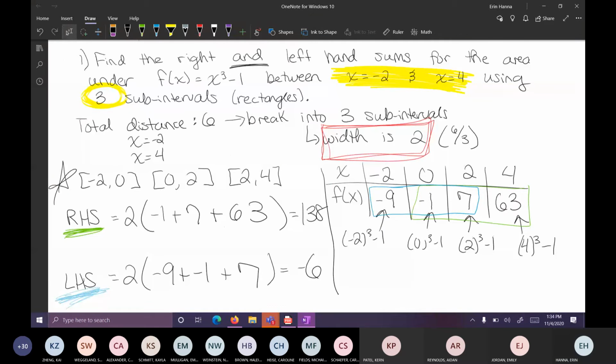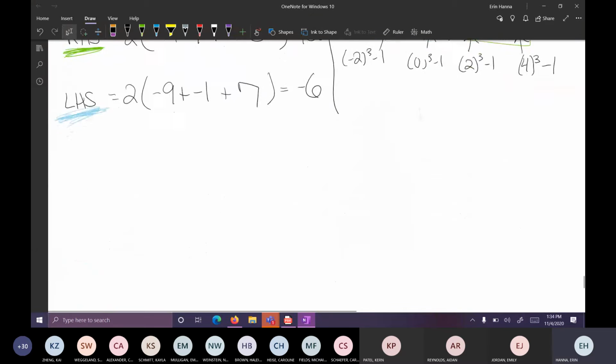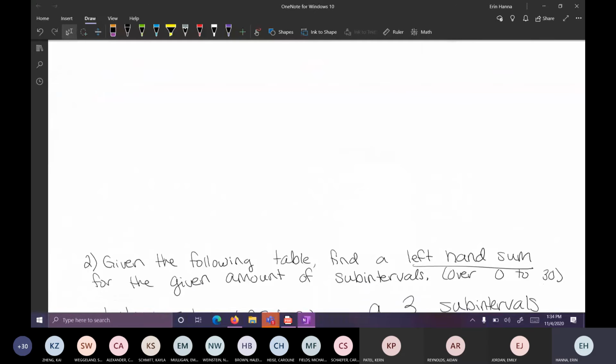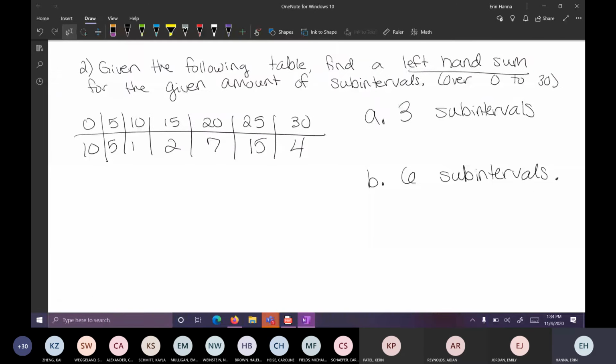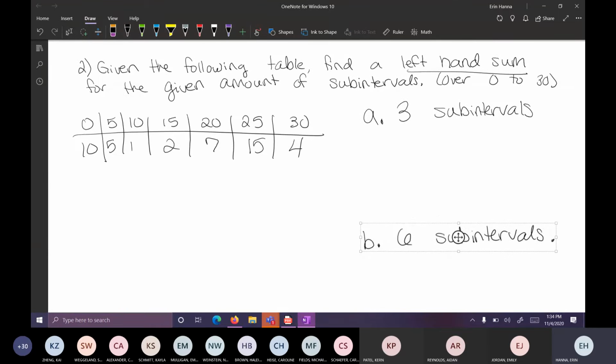Next one. Here we're just finding a left-hand sum, but now we're doing two different situations with the number of subintervals. We're going over 0 to 30, so the total distance is 30.